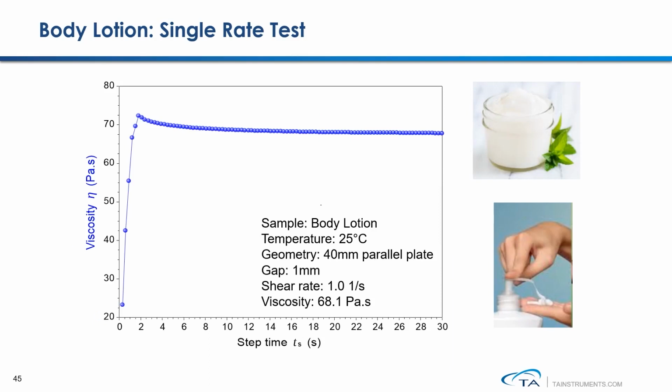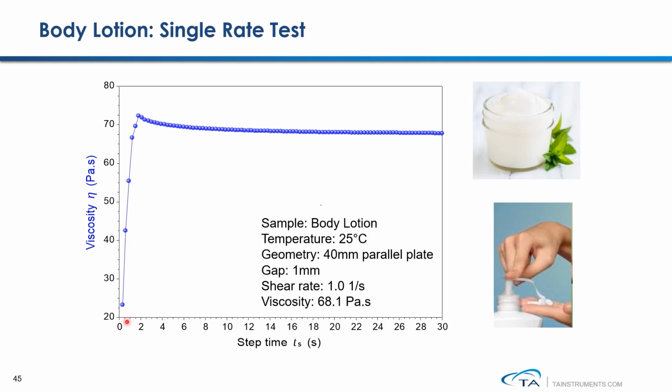Here is an example of single rate test results. This is to test the viscosity of a body lotion at room temperature with a shear rate of 1 reciprocal second. Specifically, we load the sample between a 40 millimeter parallel plate and set the measurement gap at 1 millimeter. After the sample is equilibrated at 25 degrees C, we let the geometry rotate with a specific fixed rate at 1 reciprocal second.